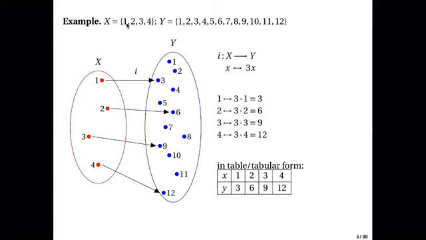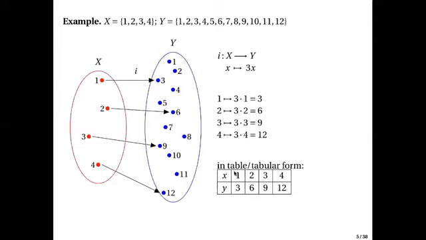There's only a finite number of elements from X, so you can enumerate all of these mappings following this rule. As an illustration, your 1 is being mapped to 3, your 2 is being mapped to 6, 3 is being mapped to 9, 4 is being mapped to 12. Okay? And again, we label this relation I.